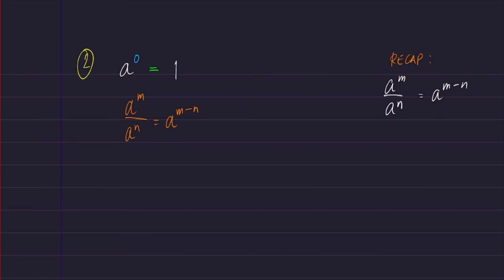So, we need to show that M minus N here is equal to 0. So, gawa tayo ng equation na M minus N is equal to 0. Transposing N sa kabila, we have M, since negative yung N, positive siya pag nilipat. So, we have M is equal to N.